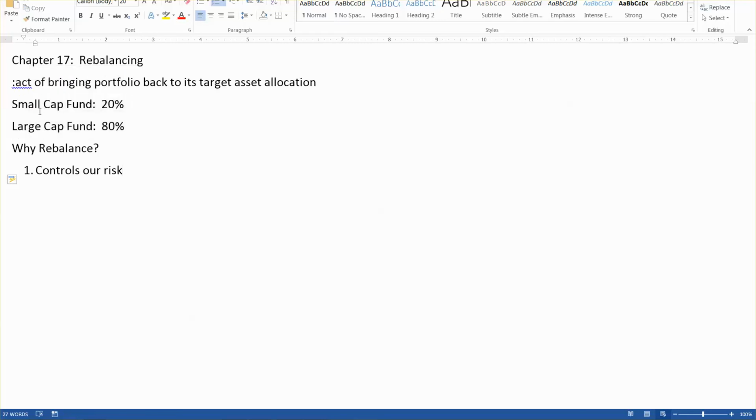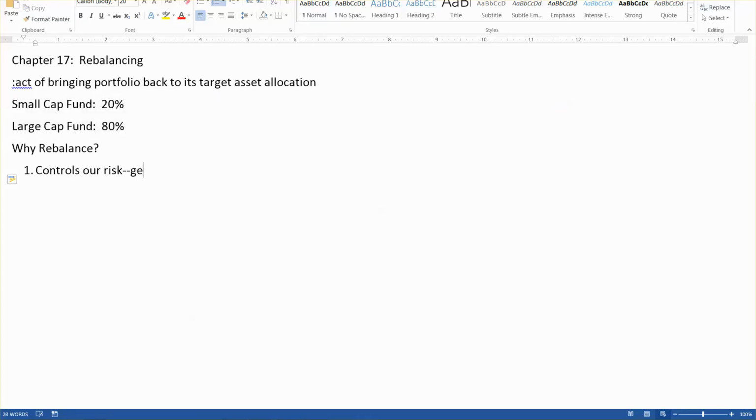So essentially, if my portfolio gets out of balance, for example, if it becomes more heavily weighted with small cap stocks, those tend to be riskier. That being out of balance has now made it more risky than I'm comfortable with. So I need to get it back into the 80-20 balance just so I can sleep at night because I don't want to take too much risk. So it controls our risk.